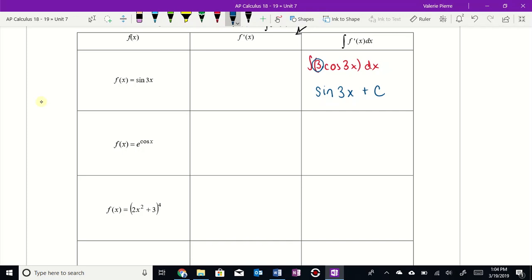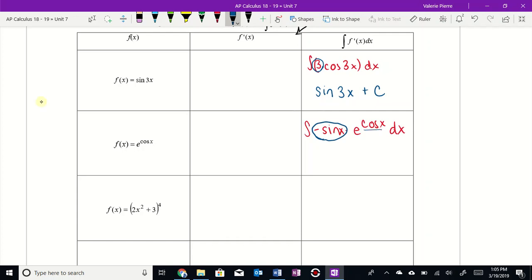So let's do another function. We have the antiderivative of negative sine x times e to cosine x dx. Negative sine x is the derivative of our inner function cosine x.